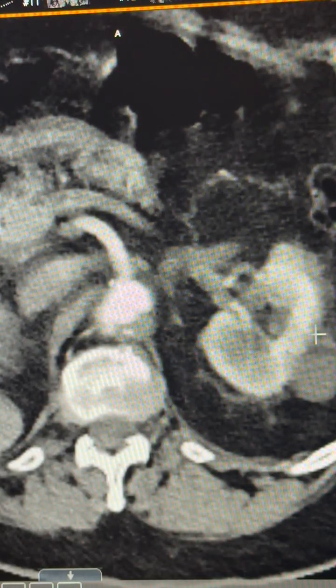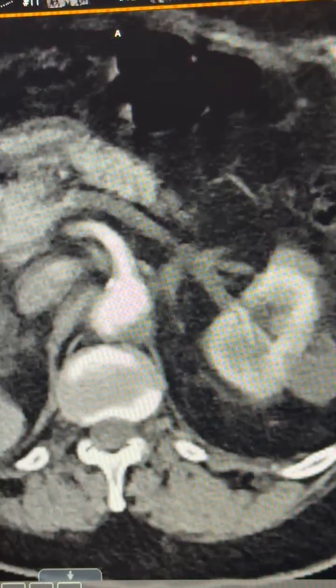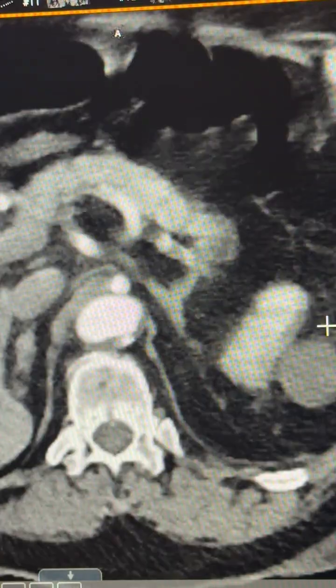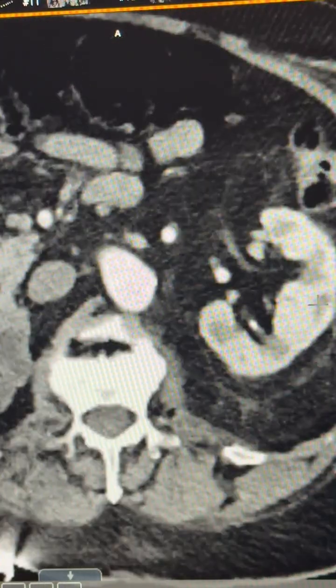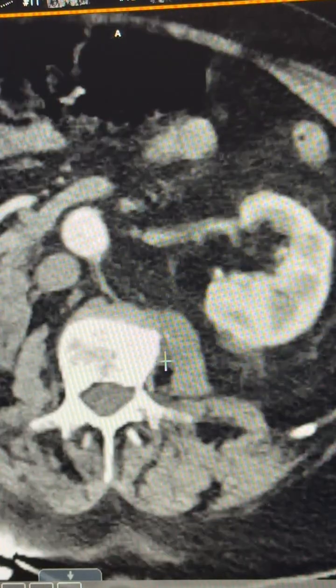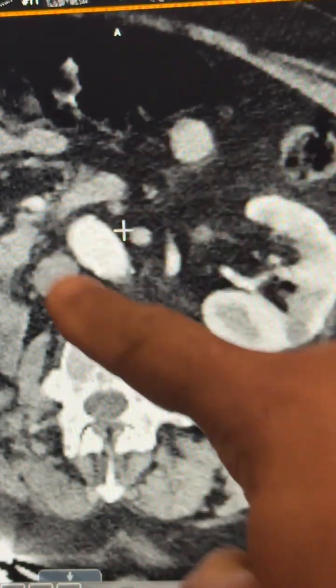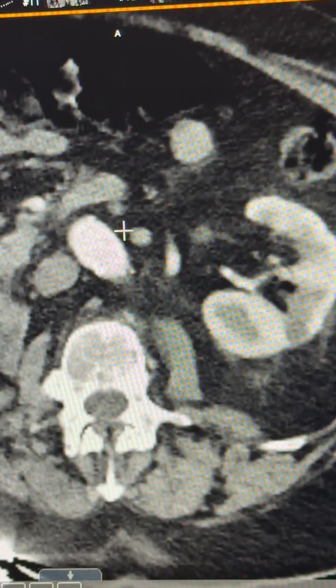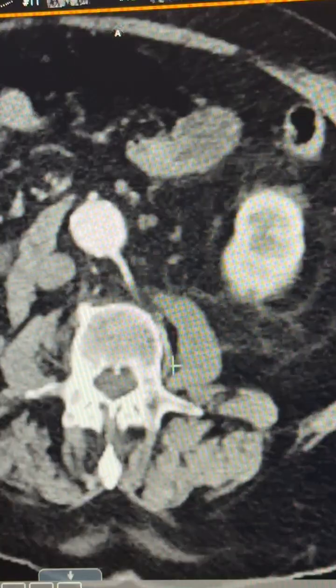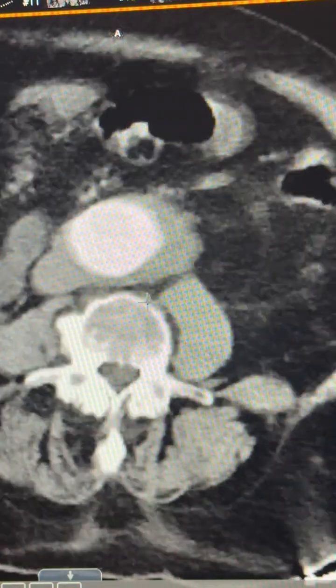Left kidney, a lot of inflammation, so possibly some of this is the cause of his lower back pain. He has a lot of sort of fat stranding happening all around here. I don't know if you can appreciate that, but it's a dirty fat kind of sensation there. So there's something going on there that's inflammatory or infectious.